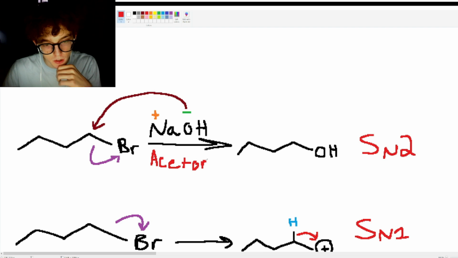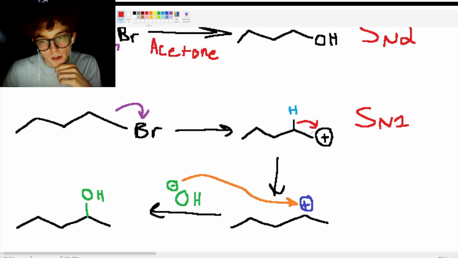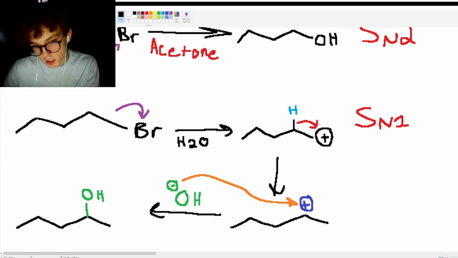Acetone is aprotic, and therefore it's not going to interfere with our reactants. Here we have a carbocation, and we need to stabilize it. So we can actually do that by using a protic solvent, right? So what happens here to stabilize this charge is we could use something like a simple solvent, H2O.